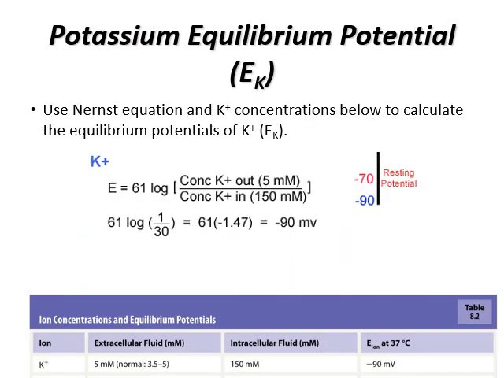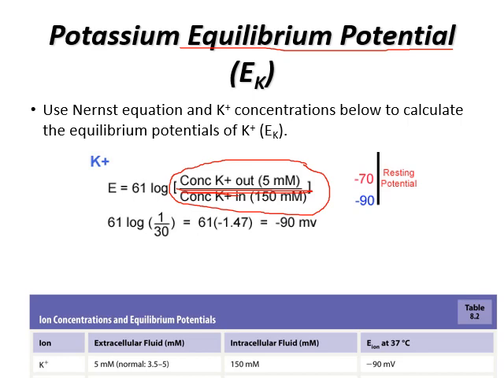And you can see with the Nernst equation, we have to take into account the ion concentrations. But these are what the body keeps. We maintain these concentrations in the body, so we can use those physiological concentrations to figure out our equilibrium potential for a certain ion.